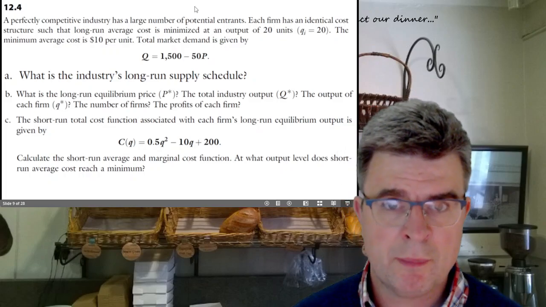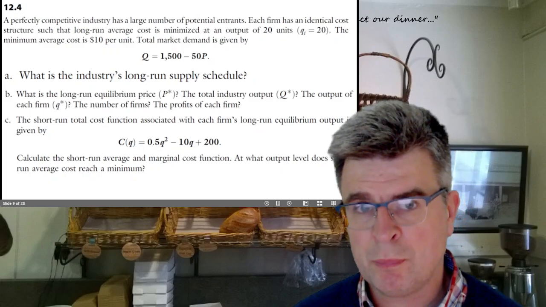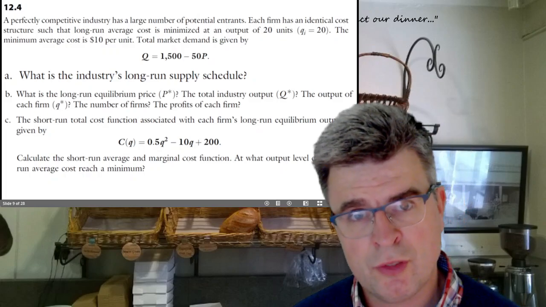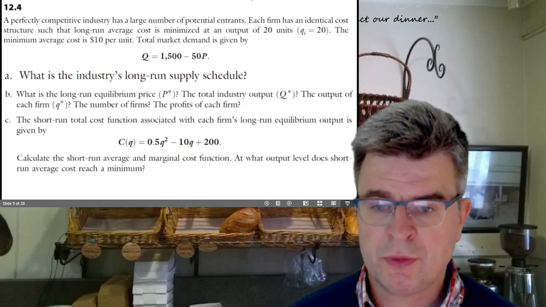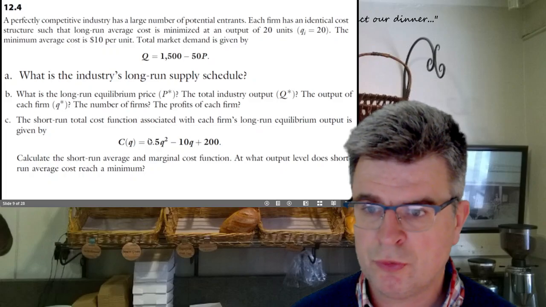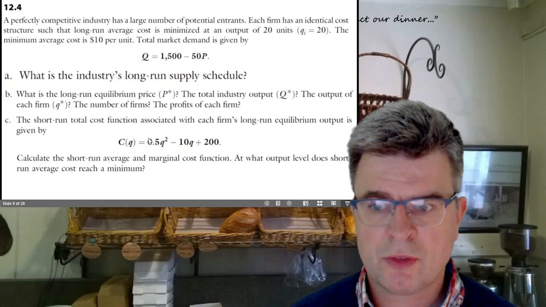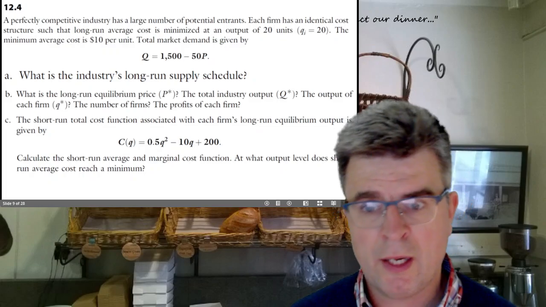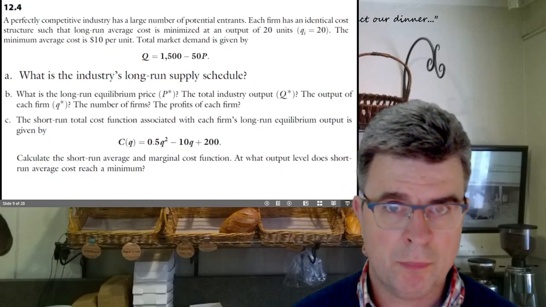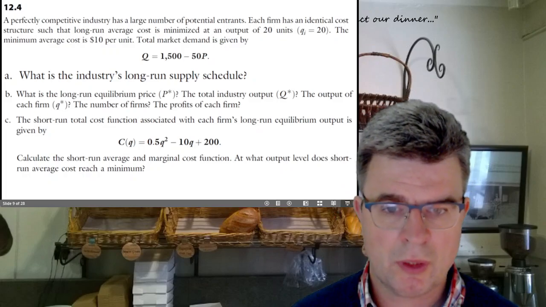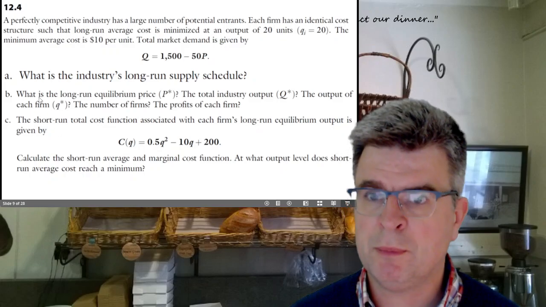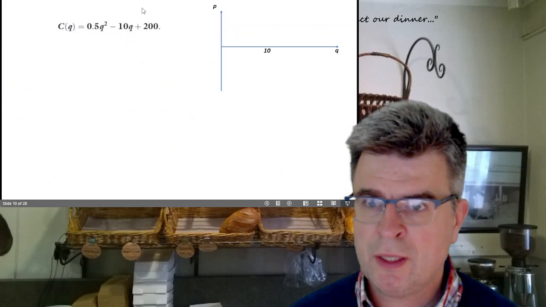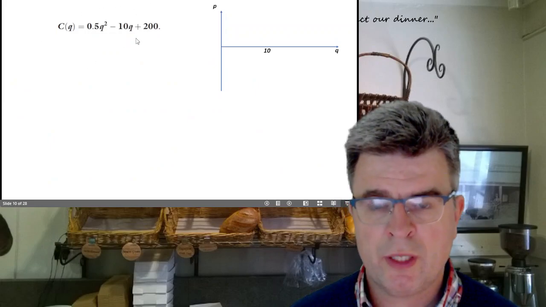The long run equilibrium output is the output where the firm doesn't make a profit. So total revenue must equal total cost. And this cost function is given by this equation over here. And we are asked to compute the short run average cost function and the short run marginal cost function. And at what output level does the short run average cost reach a minimum? So let's do that. I repeat the function over here.